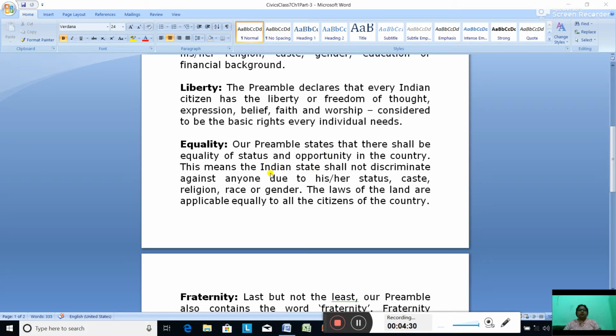This means the Indian state shall not discriminate against anyone due to his or her status, caste, religion, race or gender. The laws of the land are applicable equally to all the citizens of the country.